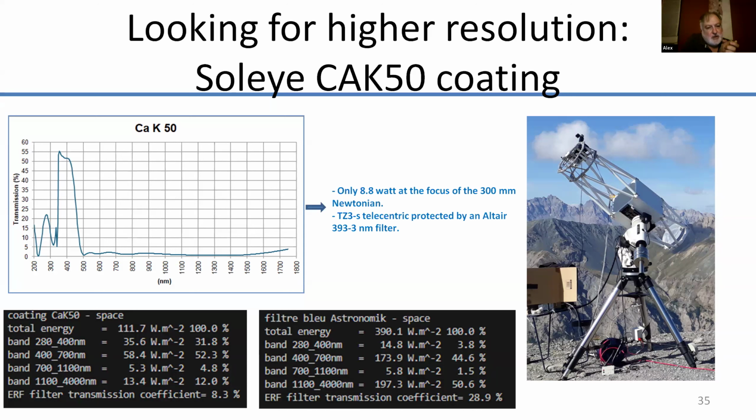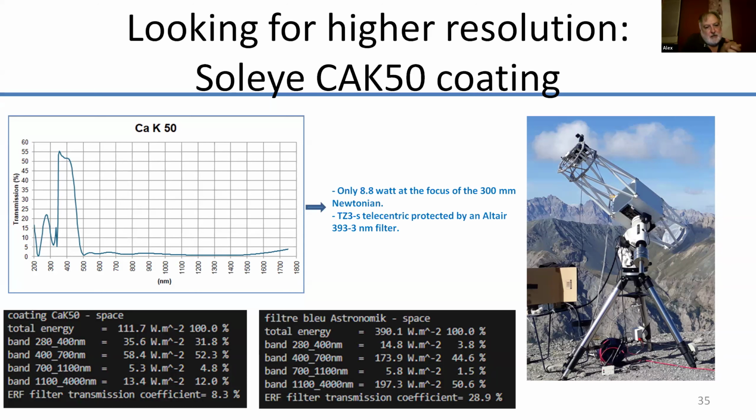At the end, I think for sure I have a dual band. I have a little more energy than this, but it's still, let's say, acceptable. Thierry Legault also has the same coating, and Thierry has published some pictures quite recently, so you can see how this coating behaves.